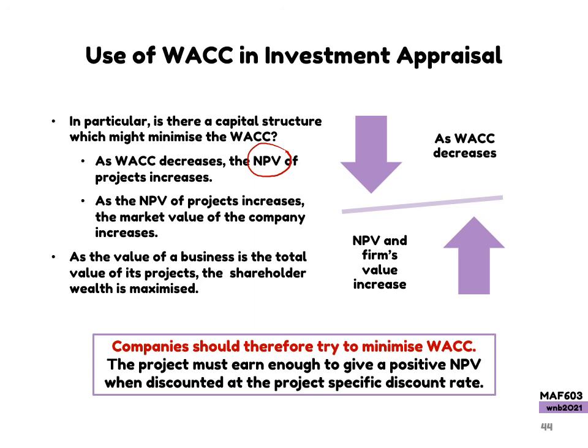As the value of a project is the total value of its project, the shareholders' wealth is maximized. So kalau boleh NPV kita nak paling tinggi as possible for us to maximize the shareholders' wealth. So cara nak naikkan NPV, kena make sure WACC, the overall cost of capital tu, as minimum as possible.